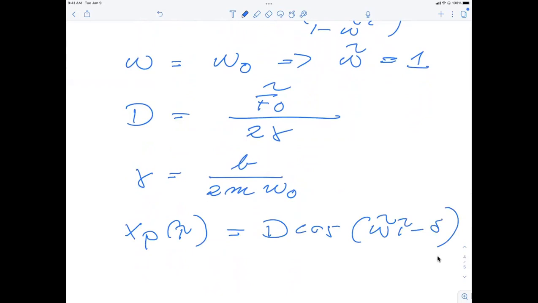So suppose now that you have tuned the frequency of the applied engine to the frequency of the system. What would happen if I make this mass very, very large? How would the amplitude behave?